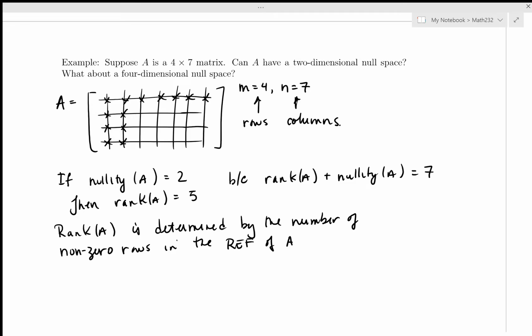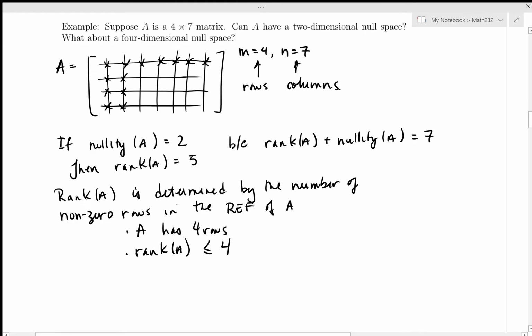So the rank of A is at maximum 4. It can't have a rank of 5, so it can't have a nullity of 2. Therefore, rank A is not equal to 5, which implies that the nullity of A cannot be equal to 2.